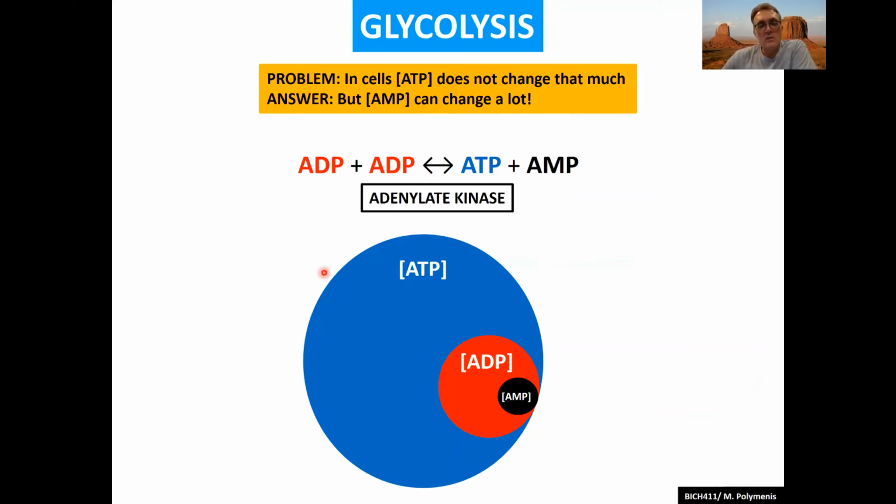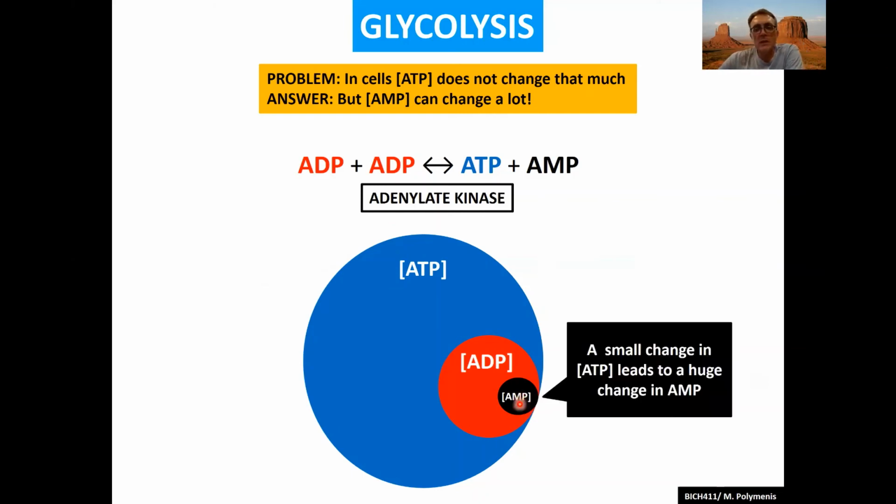So you change a little bit the ATP levels, like a few drops in the ocean. But AMP, on the other hand, a small change in ATP here through reactions in the cell will lead to a huge change in AMP. So in fact, as a sentinel metabolite of the energy status of the cell, AMP is extremely uniquely positioned to do that. It's very sensitive to changes in ATP levels.